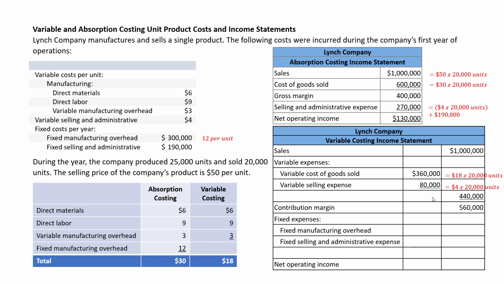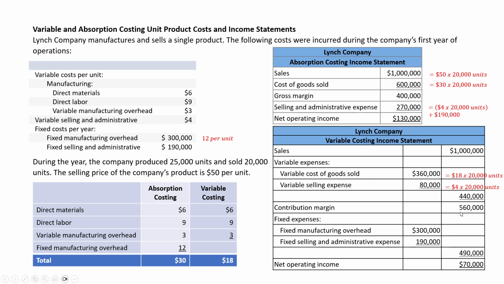So we're halfway there with this income statement. The last thing that we need to do is subtract out any fixed expenses, and we're going to do that in total. Our fixed manufacturing overhead, subtract out $300,000. Our fixed selling administrative, $190,000. So we add those two together, and we have total fixed expenses of $490,000.